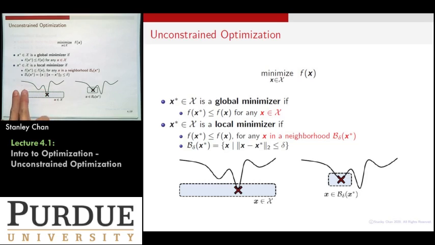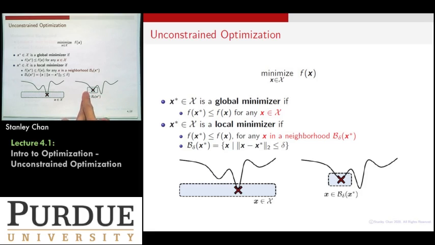Okay, if you look at the entire range of your X, then this point will be your global minimizer. Now, if you put a small neighborhood around this portion, then you will get a local minimizer. A local minimizer can be a global minimizer, or it may not be the global minimizer.